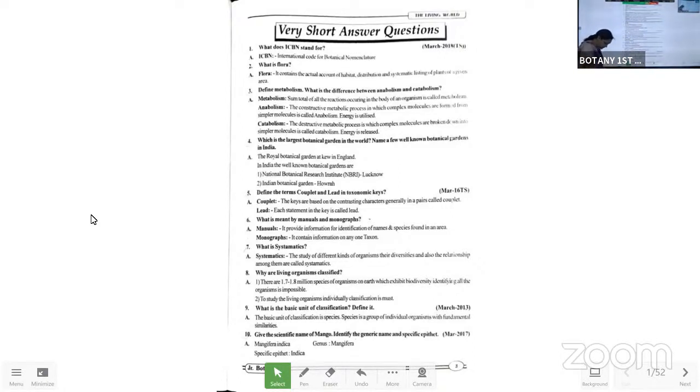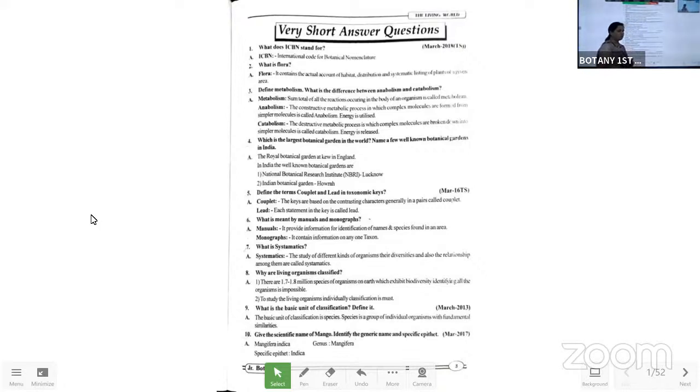In morphology, we have finished the LAQs. So from the 5th chapter, morphology in the flowering plants, we may get 2 VSAQs or 1 SAQ.